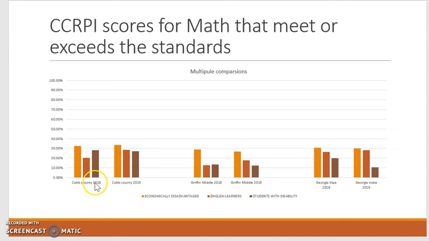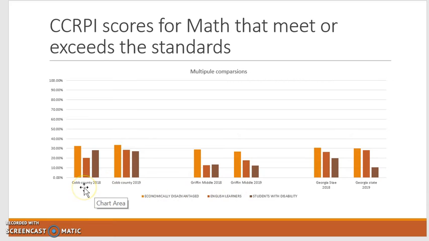And for the economically disadvantaged, English language learners, and students with disabilities, we can see that for the economically disadvantaged at Griffin Middle, we have again an actual decrease. Students with disabilities saw a slight decrease, and the others saw a decrease in the economically disadvantaged students.